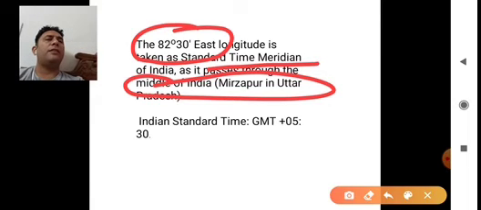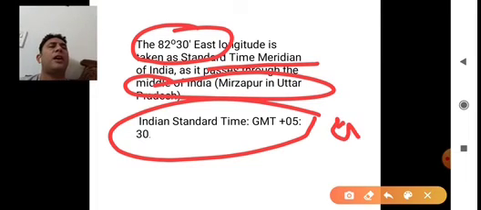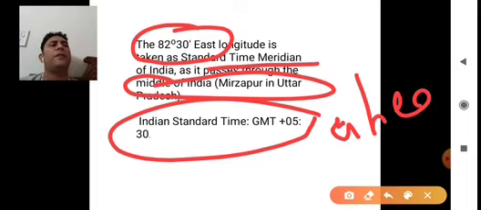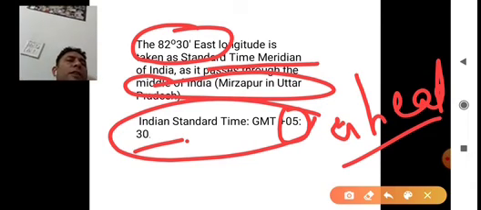Now this line 82 degree 30 minutes is exactly 5 hours 30 minutes ahead of Greenwich. Please mark it, it's ahead of Greenwich. This is an important fact. So every time we add 5 hours 30 minutes to the Greenwich time to calculate the time.